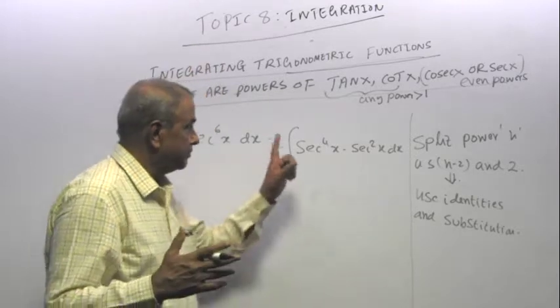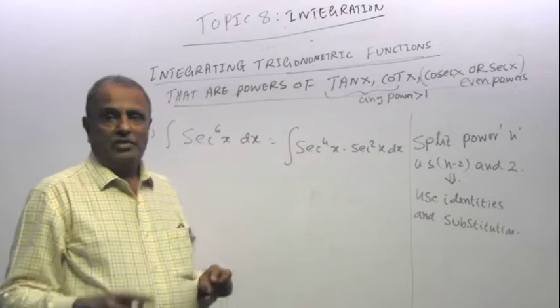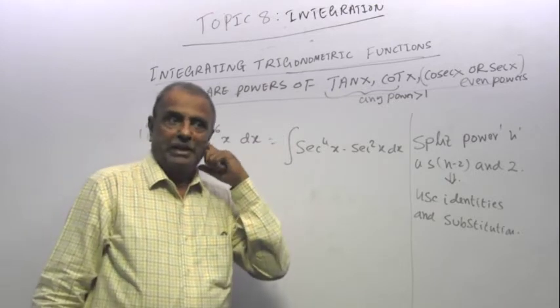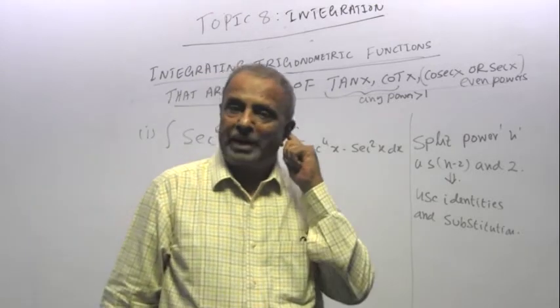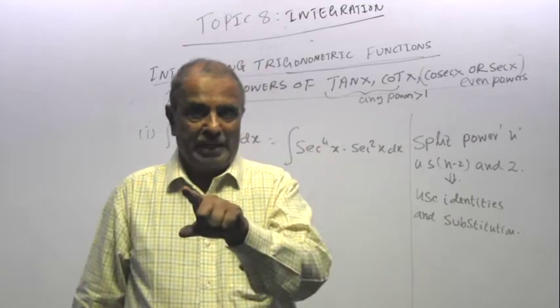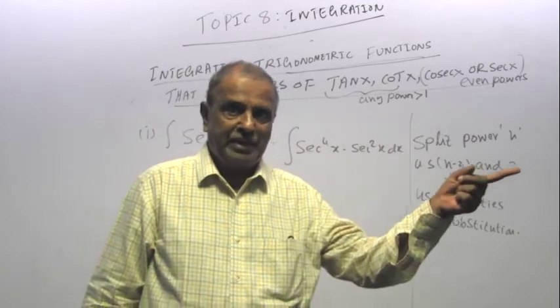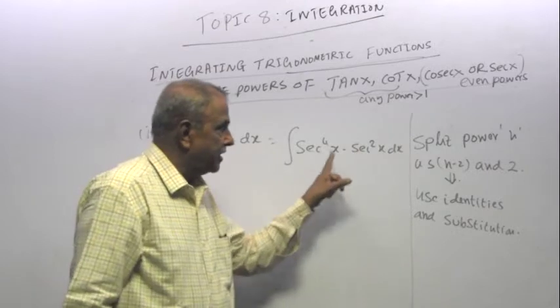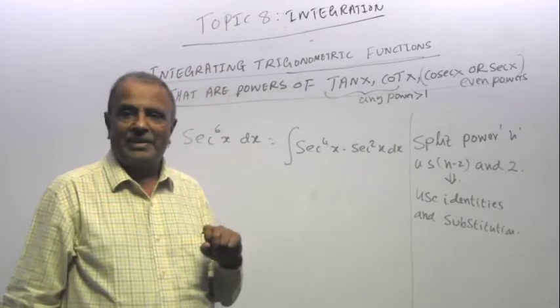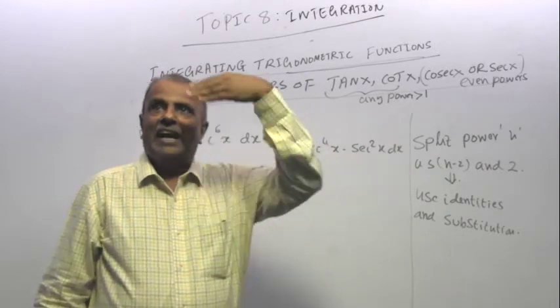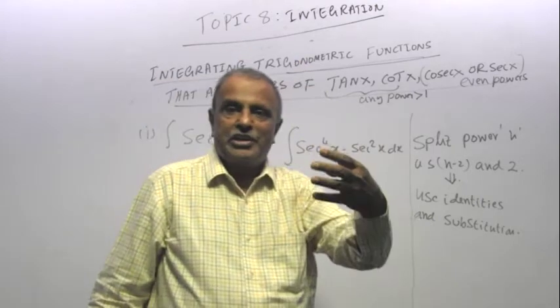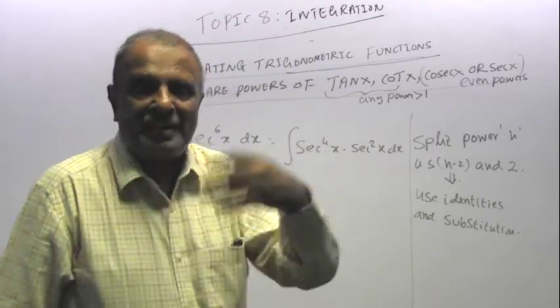But sec power 4 can be written as sec squared, the whole squared. Sec squared can be written as 1 plus tan squared. And in that, when I differentiate tan, I get sec squared. So indirectly, the idea is to get a function and its derivative.